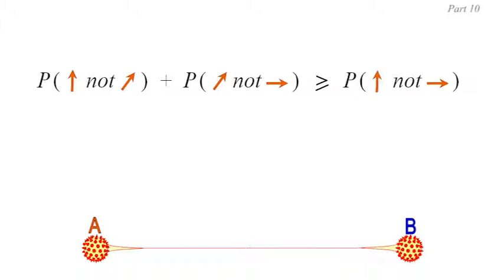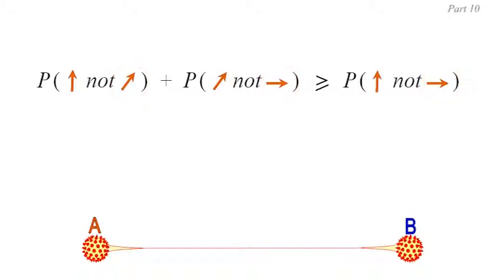Now, to say not something is essentially to say the opposite is true. So not up must be the same as down, and not right must be left, and so on. We know that that's certainly true for electrons and their spin direction. Only two values are allowed. This means that we can replace these words not with the word and, providing we reverse the direction of the arrow which comes after them.